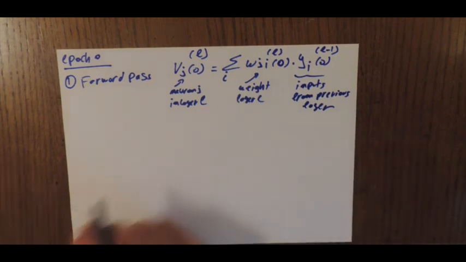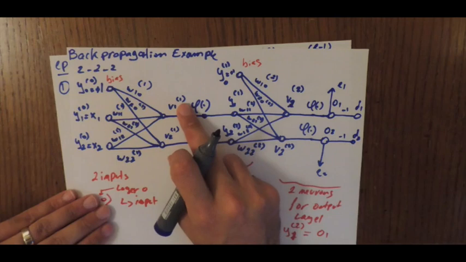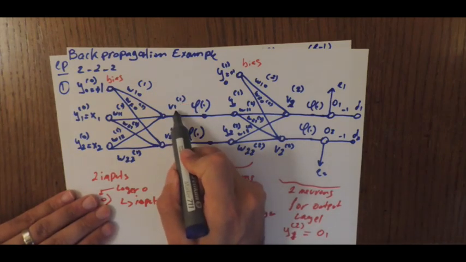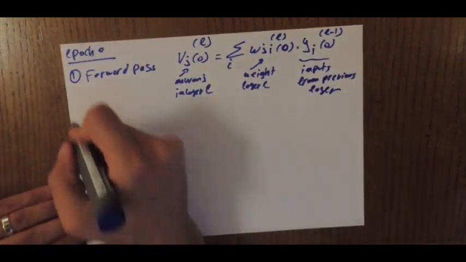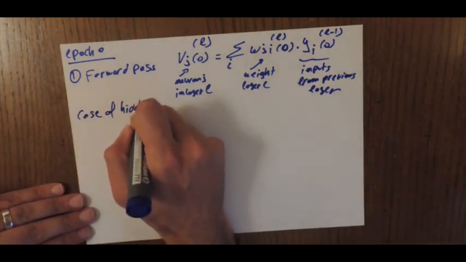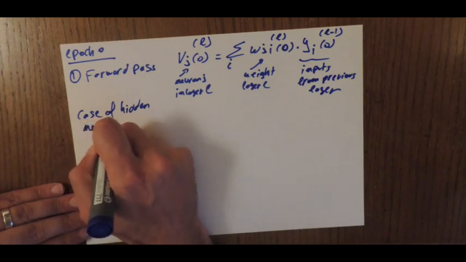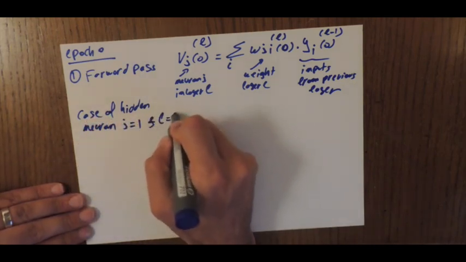So for the case of V1 of 1, we have neuron J is equal to 1 and L is equal to 1. So let's start the first case by saying case of hidden neuron J equal 1 and L is equal 1.